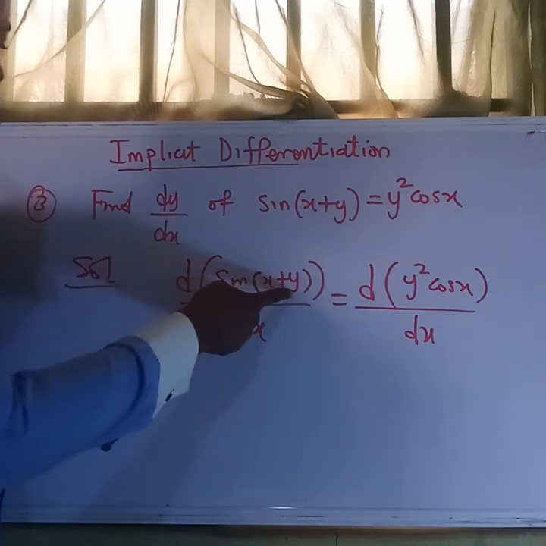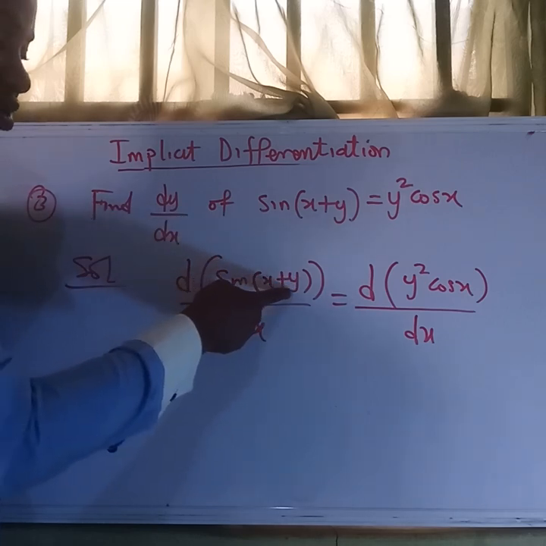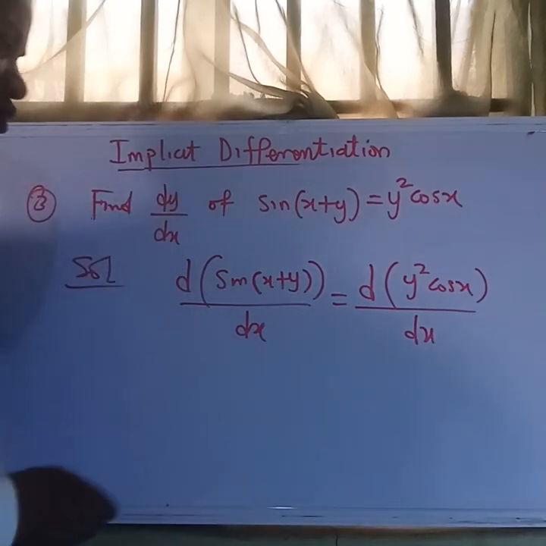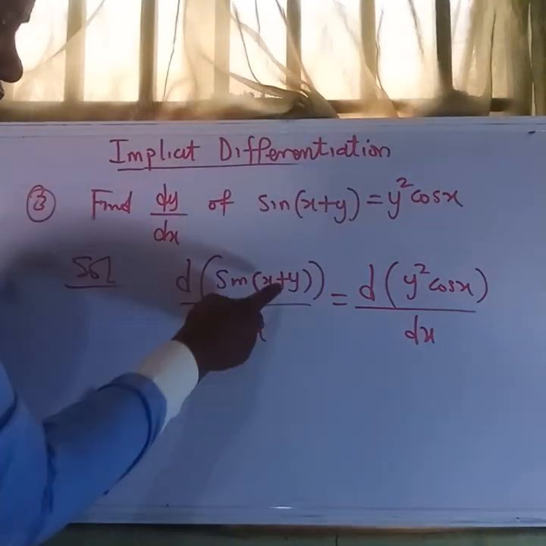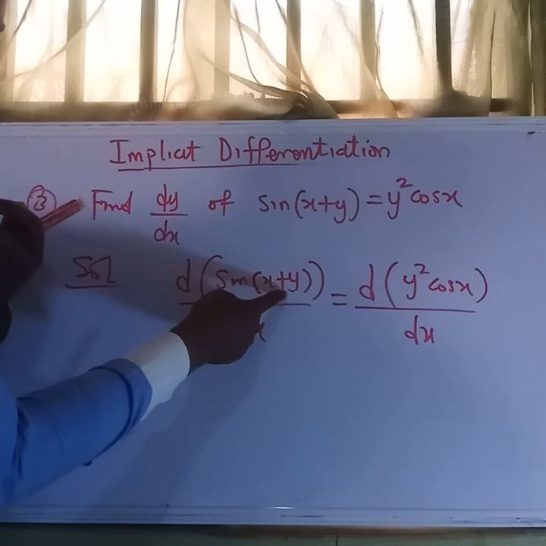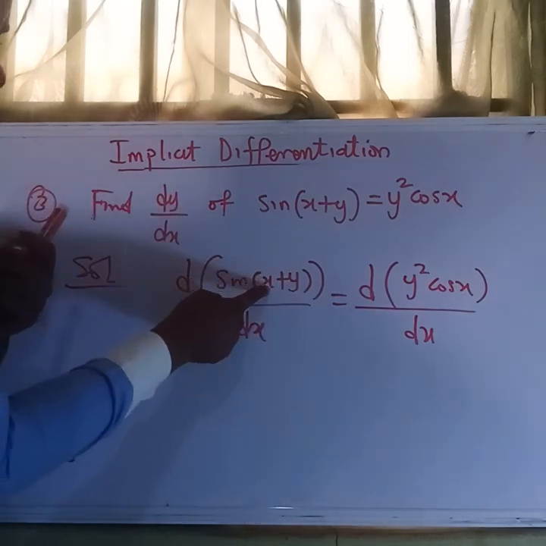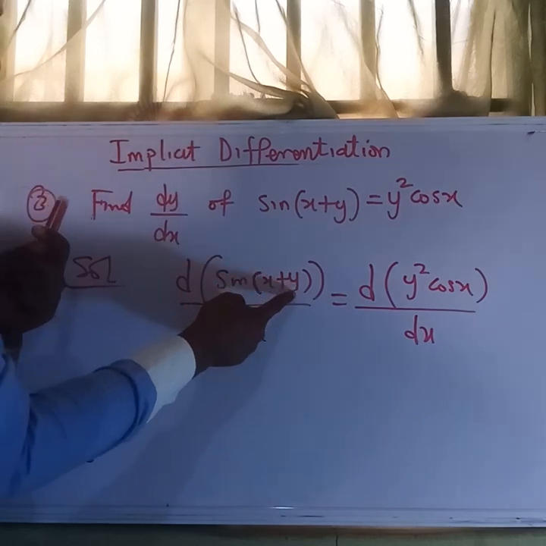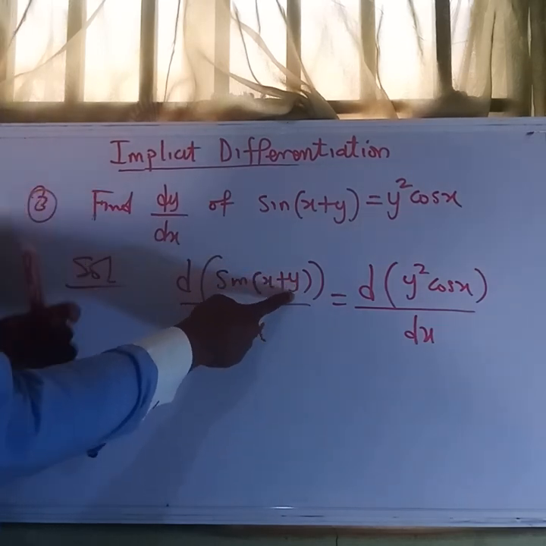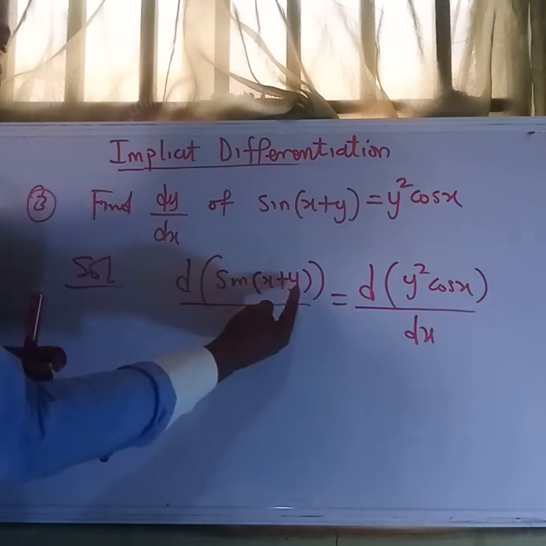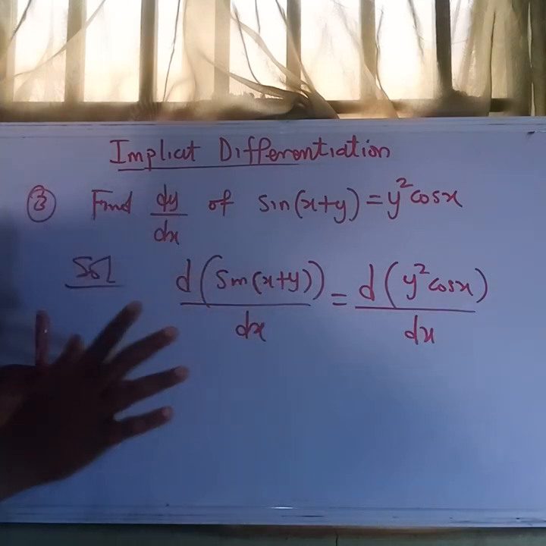This is because it is an inner function, and according to the chain rule we should differentiate the inner function, bring it out, and multiply with the slope. So we apply the sum and difference rule to differentiate the inner function here. Differentiating x gives 1, and differentiating y gives 1, because y is now a function of x, so we multiply it with dy/dx, as we said earlier.